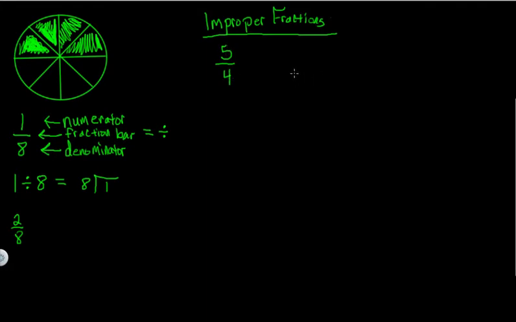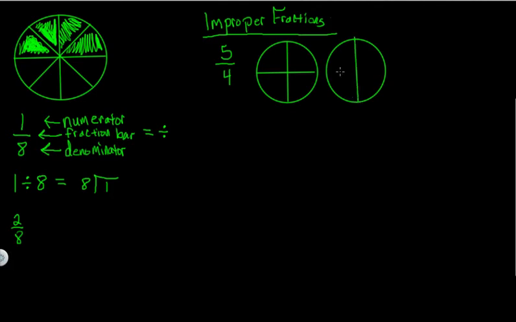So what would that look like? So now, if I think about this, I have 2 pies. All right, so let's say I have 2 pies, and each pie is divided into fourths. So let's divide this one into fourths, and then let's divide this one into fourths. Okay, so to create 5/4, we have to shade 5 of our fourths pieces.